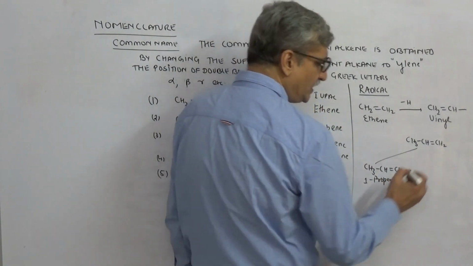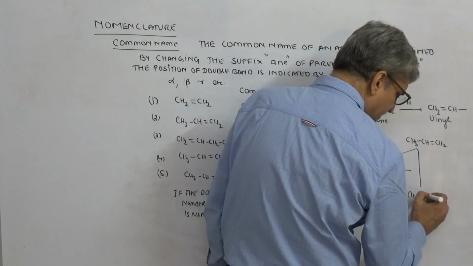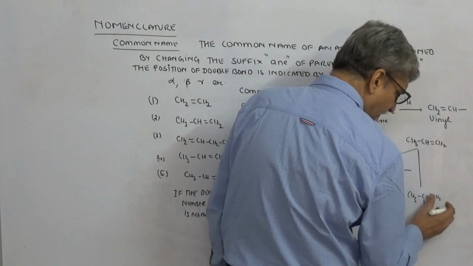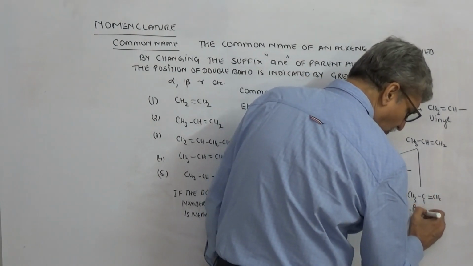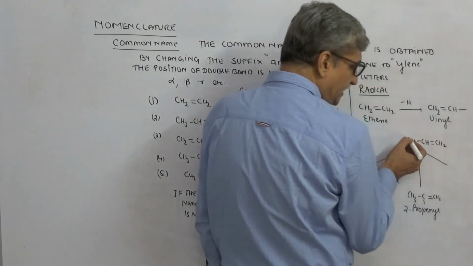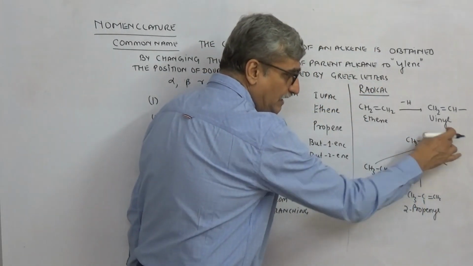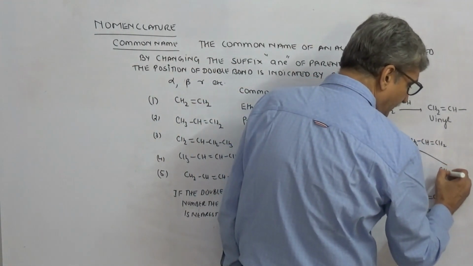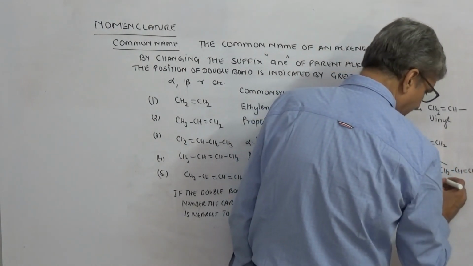This is called 1-propenyl. Then if I remove this hydrogen, the radical is CH3 C double bond CH2, and this radical is called 2-propenyl. Very interesting is if I remove this alpha hydrogen, because this is the functional group, the carbon atom adjacent to that is called the alpha carbon atom. So when I remove the hydrogen from the alpha carbon atom, we have the radical CH2, CH double bond CH2.